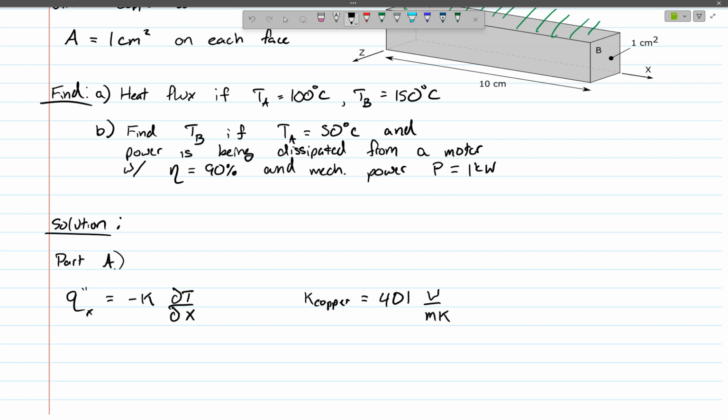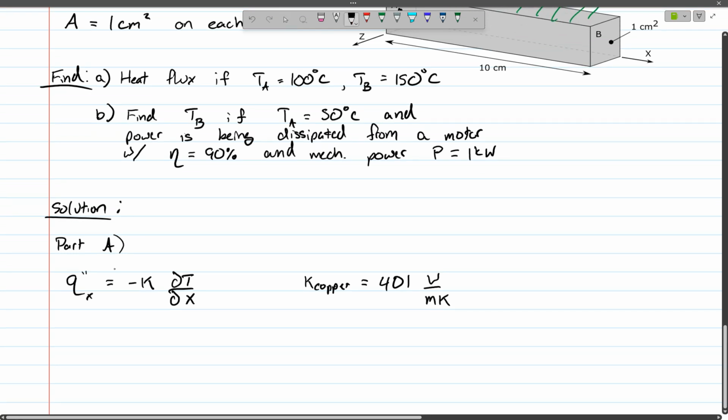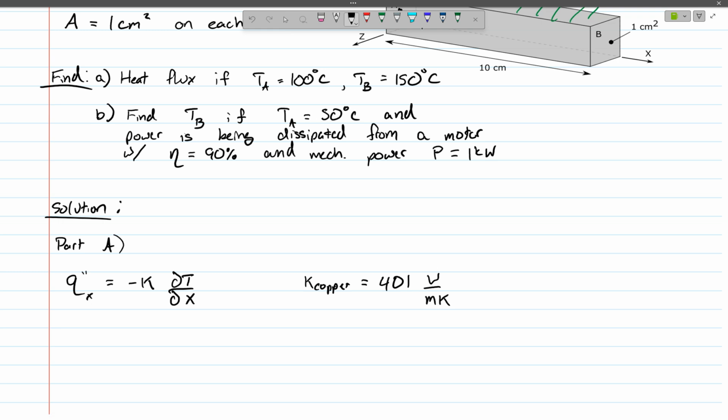We know this because I wrote it down earlier, and it's one of those values that we can look up in the tables in the book. So what we need to do to find our q double prime x is simply know k. We need to know our estimated partial T partial x.